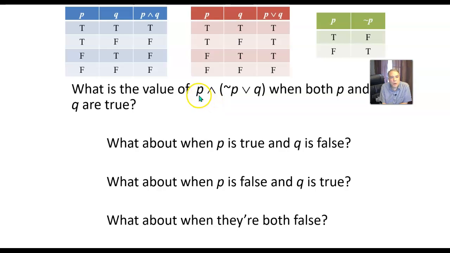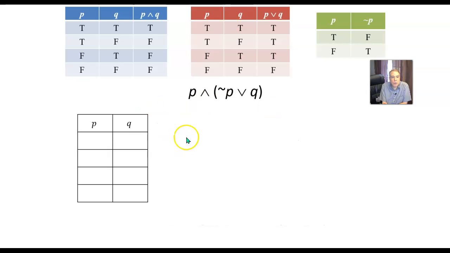So really what we want is the value of this expression, P and (not P or Q), in all four possible truth values of the P and the Q that make it up. So we're going to set up a truth table, and the first two columns are just showing us what the P and the Q individually are. So that's going to look like this.